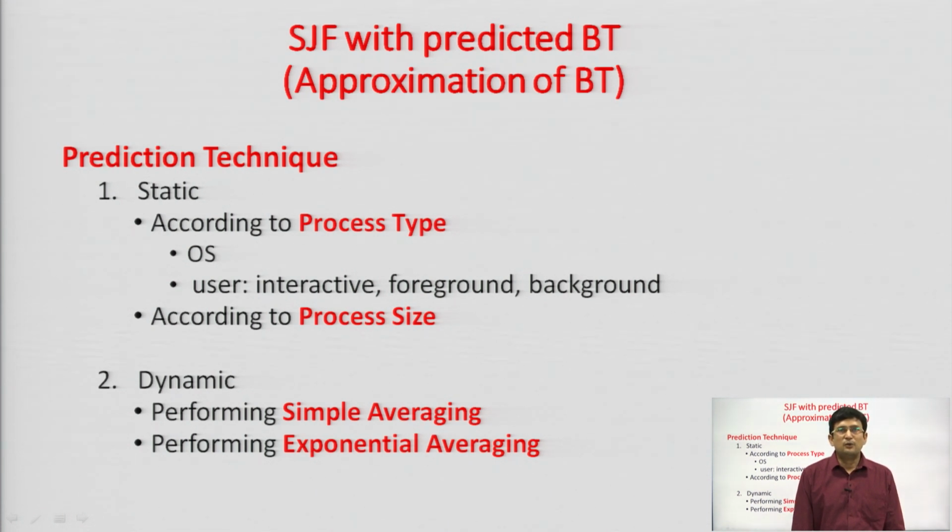We may also think about the size of the process while deciding the burst times. In the dynamic approach, we take help of the previous experiences. In this, we have two techniques to find it out, for example, the simple averaging and the exponential averaging. So, let us look at these two techniques in detail.